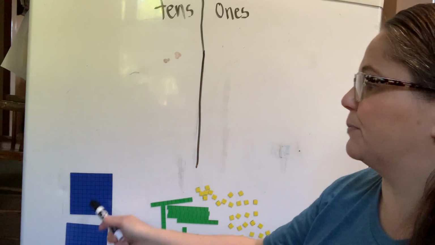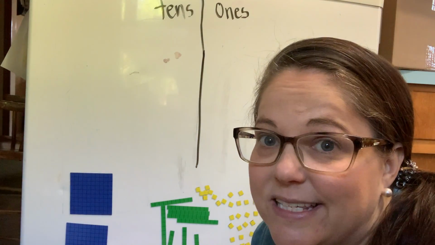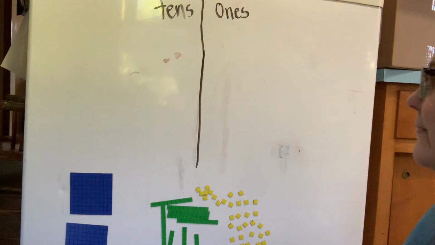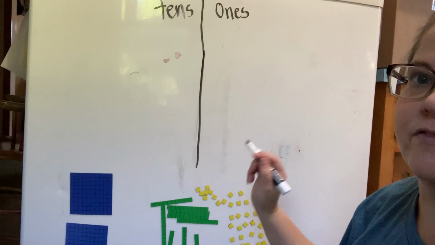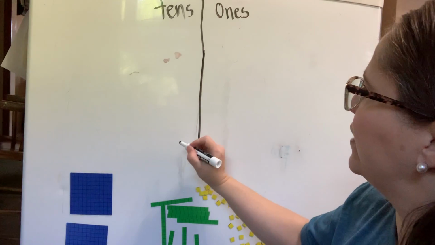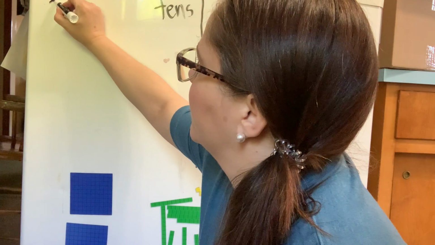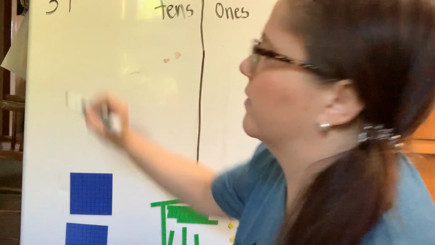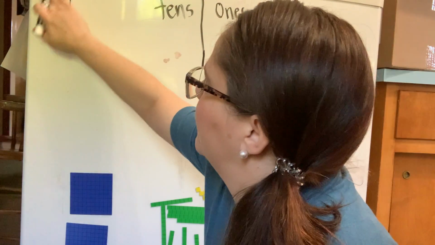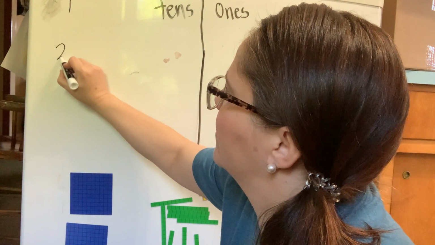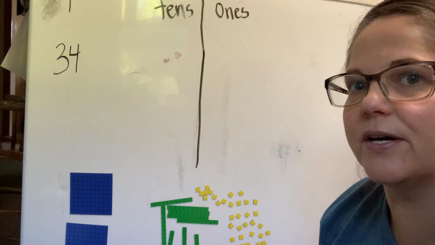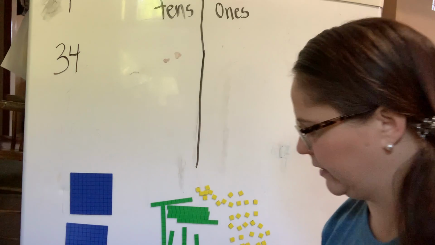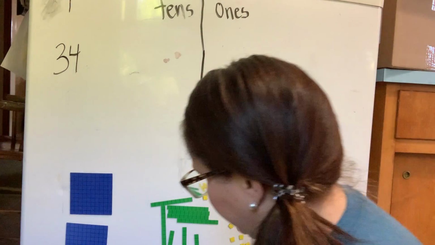And I will tell you, these blue ones are hundreds, but we're not going there yet. So let's look at the number 34. If I wanted to build 34, let's start.